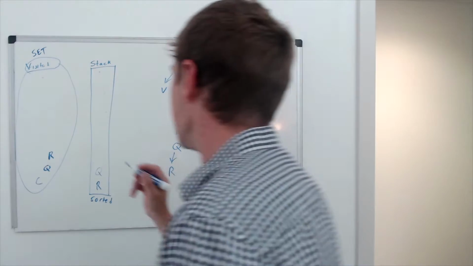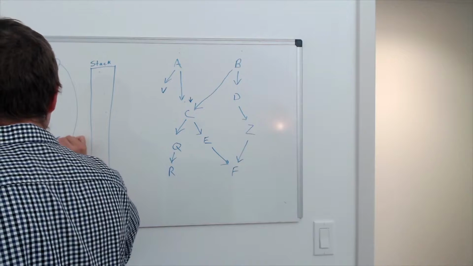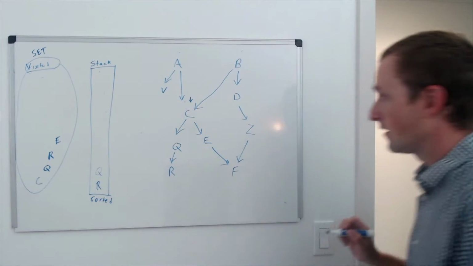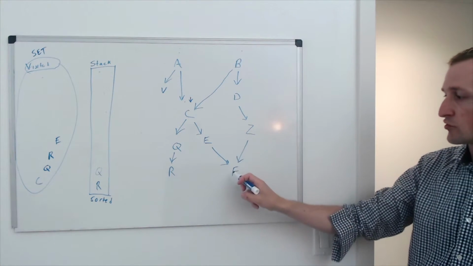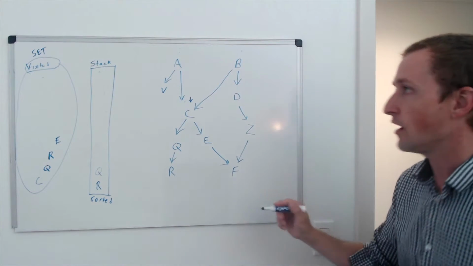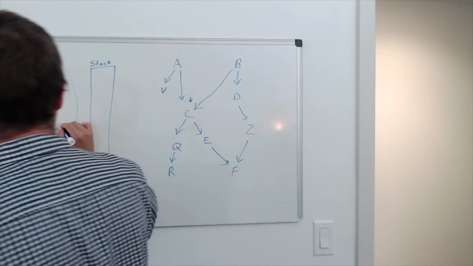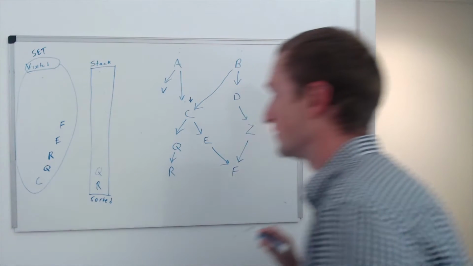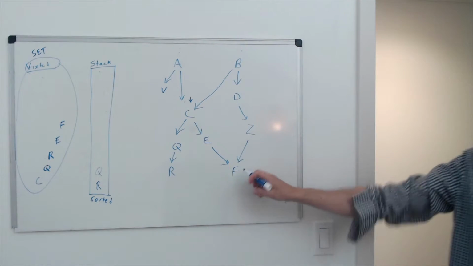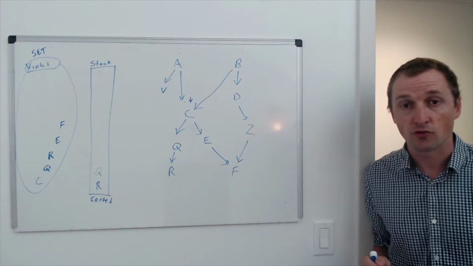So we'll add E to the visited set because E is not in the set yet. E has a child to explore, F. F has not been visited yet, so we will add F to the visited set. Does F have any more children to explore? Nope, it does not.